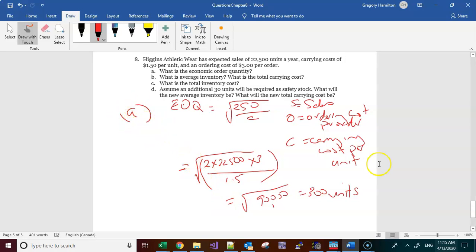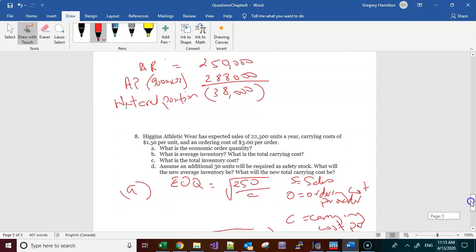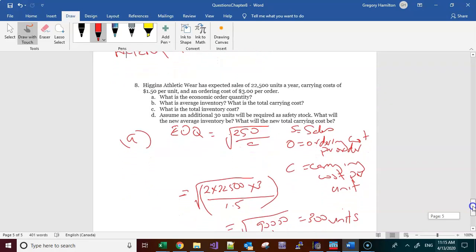How about B? B says, what is the average inventory and what is the total carrying cost?